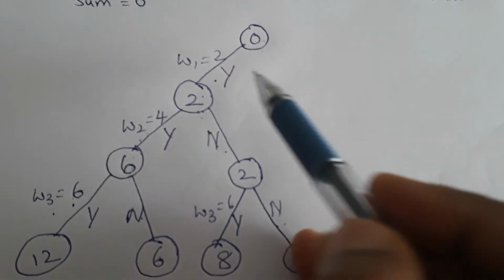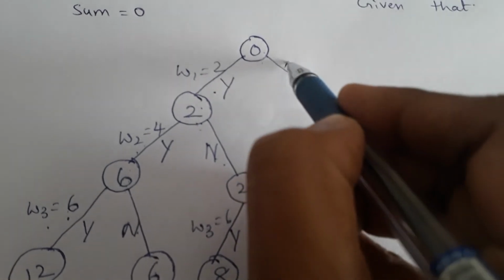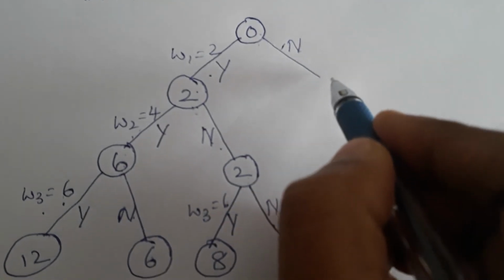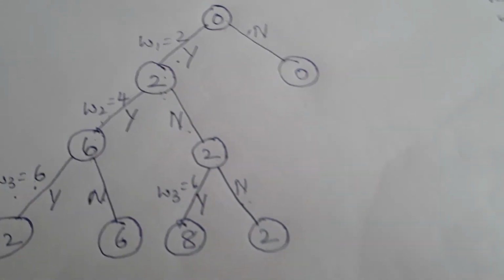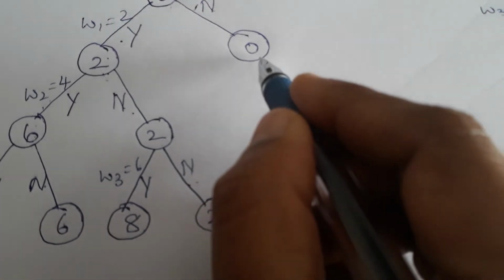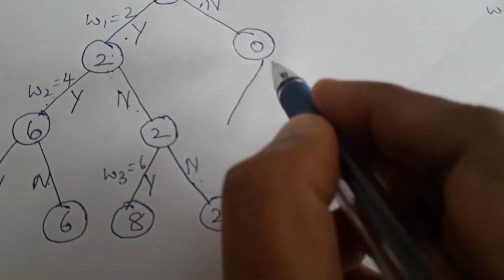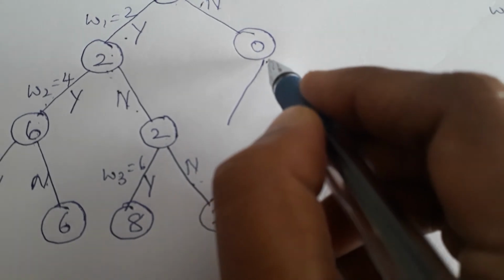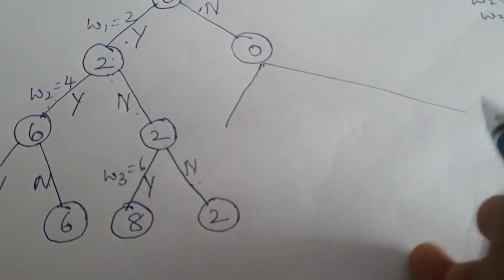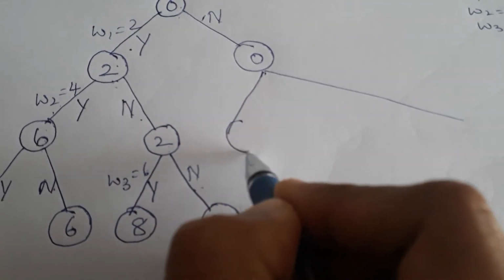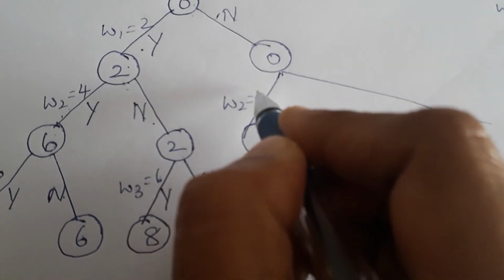Here we have another option for w1, by not considering w1 in the subset. So the resultant sum is 0. Here we have, at level 2, w2 is equal to 4.